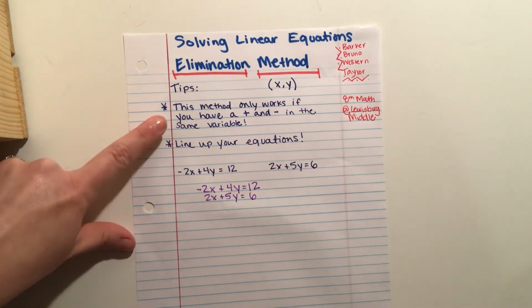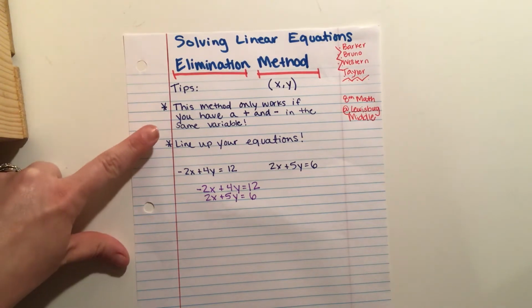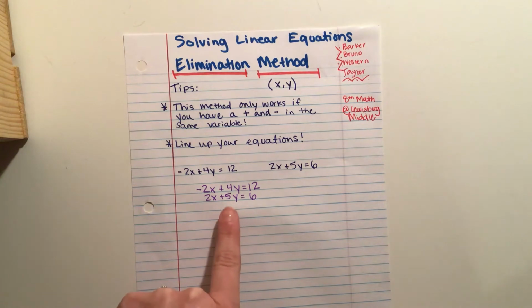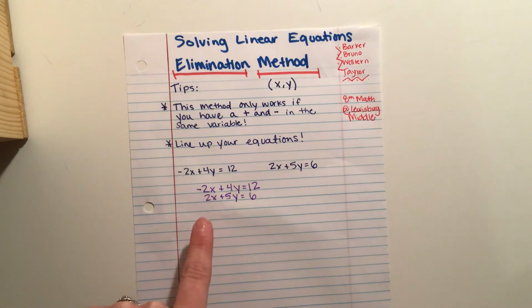Now, going back to our first tip, this method only works if you have a positive and negative in the same variable. So let's look at our y's. That's a positive 4y and a positive 5y. Both are positive, so elimination would not work for the y's. Look at the x values. That's a negative 2x and a positive 2x. So that's okay. That will work for the elimination method.